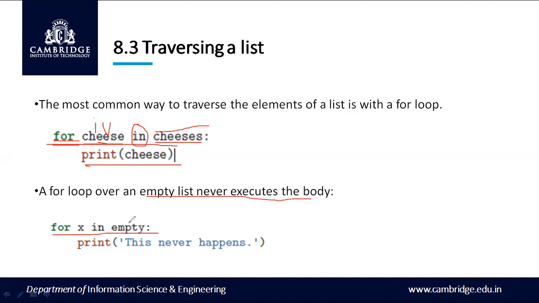Previously we had a list called empty, in which there were no items. So when we traverse through the list called empty, the body never executes because there were no items in the list. This is how you traverse through a list using the looping concept.